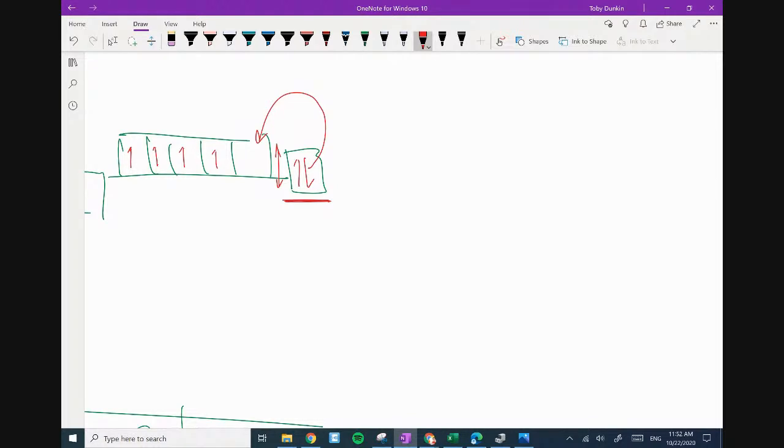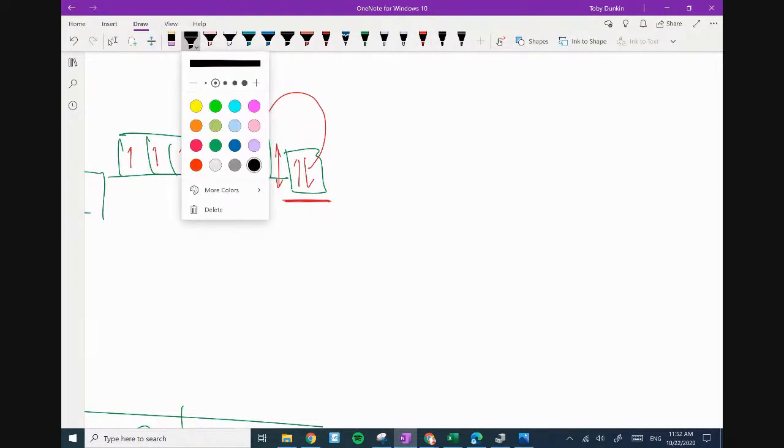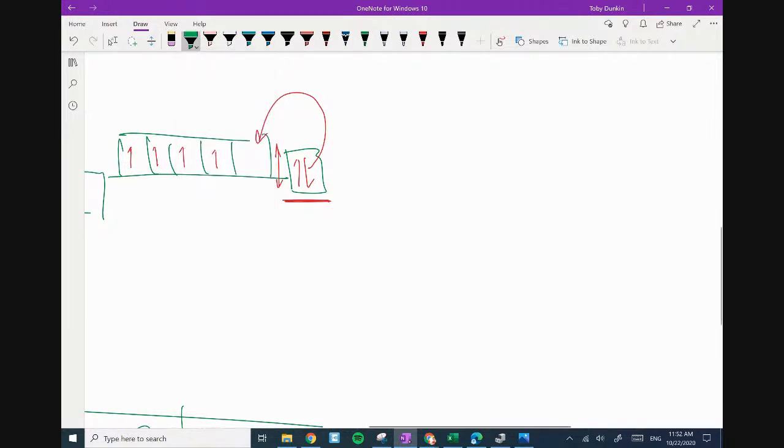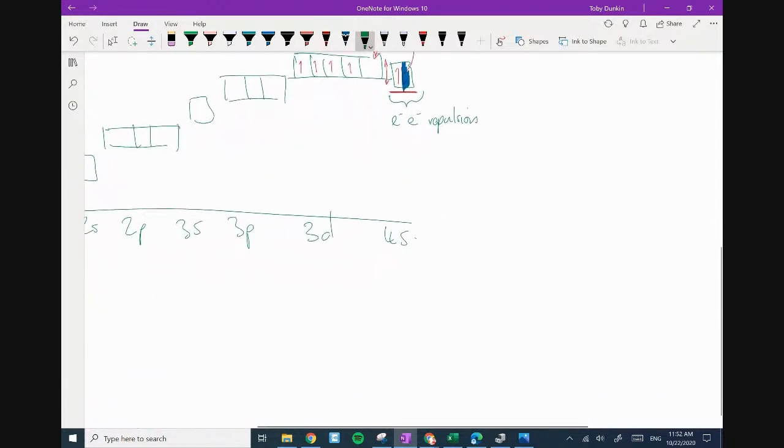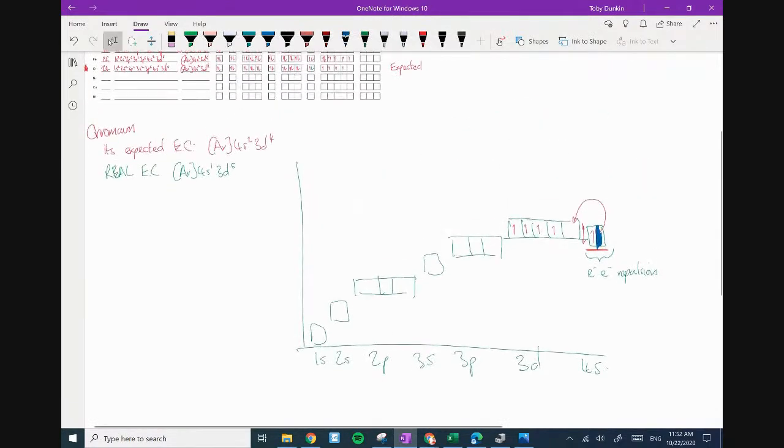One of the electrons in the 4s is promoted, and they do this because it's an empty orbital. There is electron-electron repulsion, meaning it doesn't really want to be in the same box, and there's an empty orbital really close with not much energy difference. So it promotes it and gains what is called half full stability.